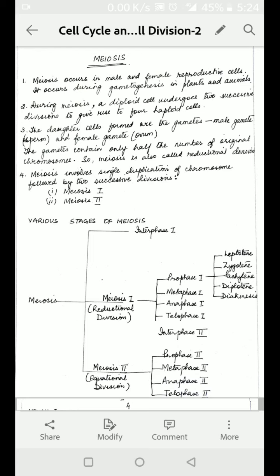So in that case, what will happen? 2n number of chromosomes from the male and 2n number of chromosomes from the female will fuse to form a zygote having 4n number of chromosomes.